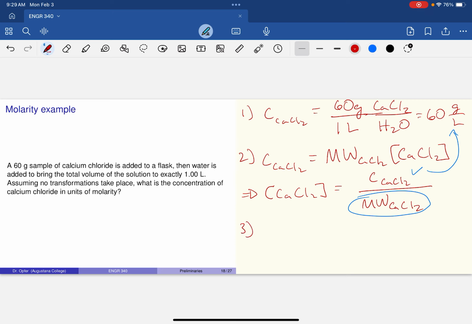Now I Googled this ahead of time, so I know that the molecular weight of calcium chloride is equal to 1 times the molecular weight of calcium, which is 40.078, plus 2 times the molecular weight of chlorine, which is 35.4527.